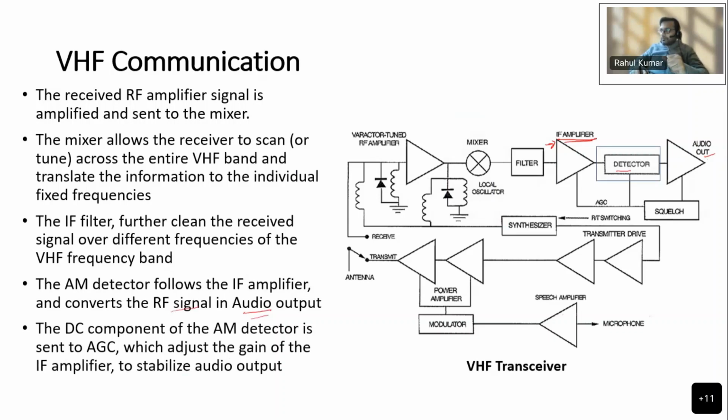Some of the DC component from your detector is sent to AGC, that is your automatic gain control.